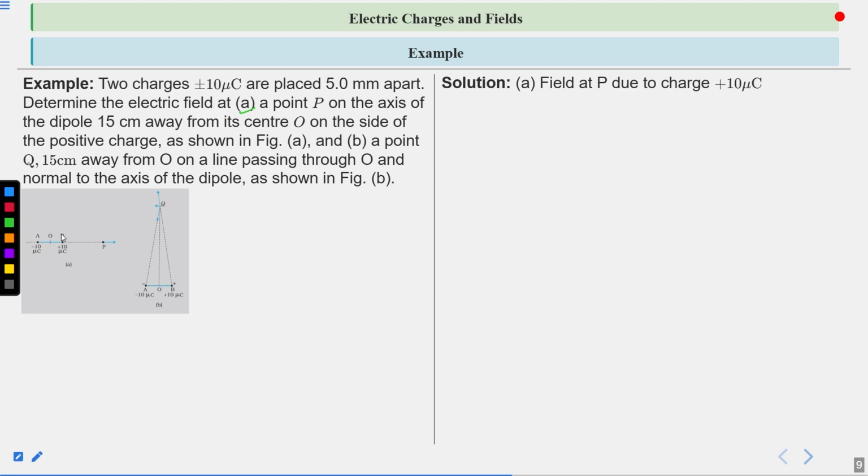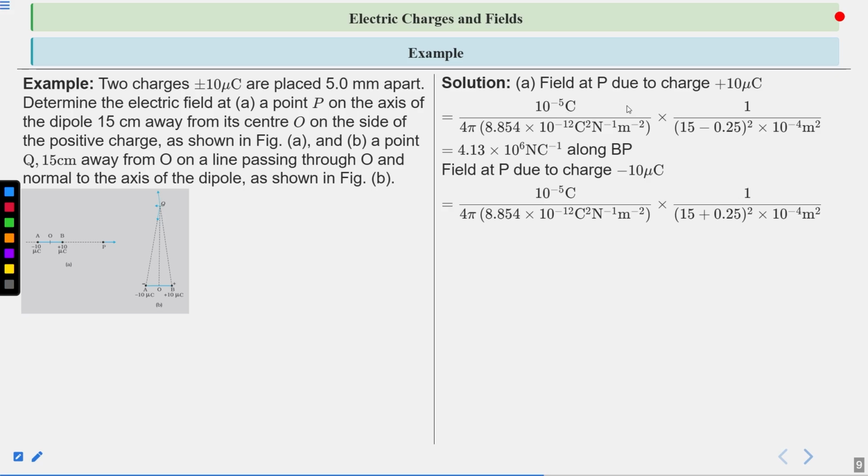So this satisfies the condition of a dipole. Now we have to find the field at point P due to the charge minus 10 microcoulomb and due to the charge plus 10 microcoulomb. Solve this question with me.